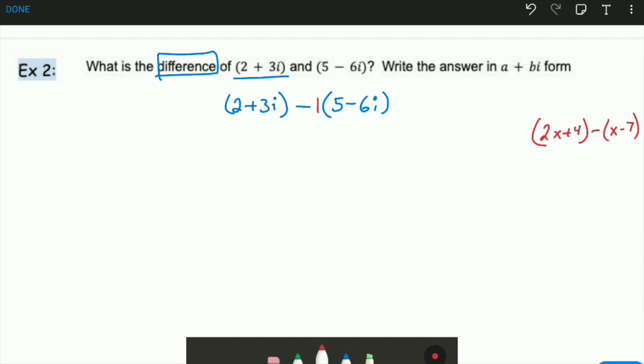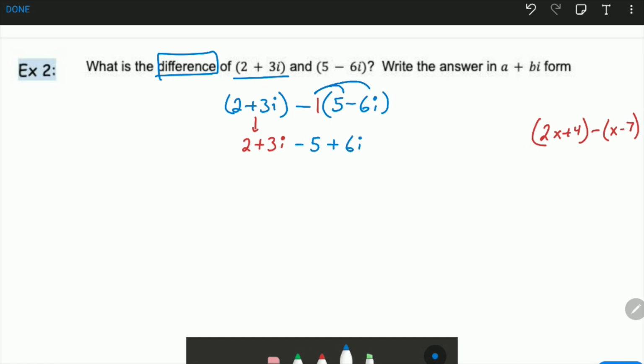And if you have a number in front of parentheses, to get rid of the parentheses, you just distribute it through. The first complex number doesn't have a number in front. Therefore, we don't need the parentheses, so I'll get rid of them now. But for my negative 1, we're going to distribute that through, giving me negative 5 plus 6i.